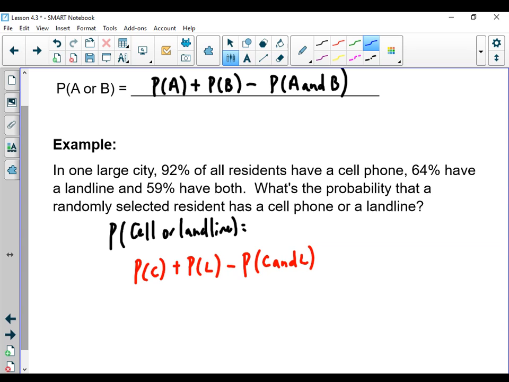Well, this one's kind of lined out for me because it says 92% have a cell phone, it says 64% have a landline, and it says 59% have both. So my probability here would be whatever 92 plus 64 minus 59 is.